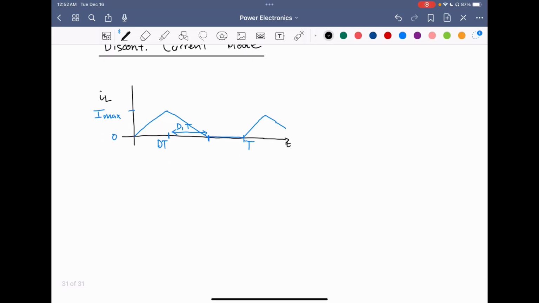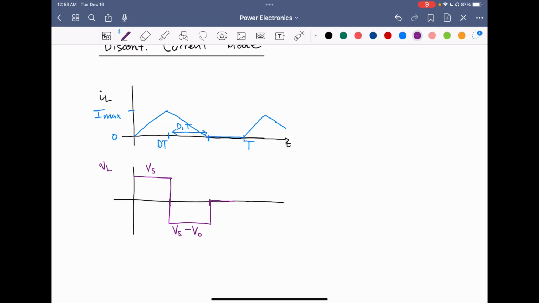So what does the voltage across the inductor look like? Well, this is very similar to our continuous current mode analysis, except that we have this period where the current is equal to zero. So in the dT interval, the inductor voltage is equal to the source voltage Vs. And then in the d1T interval, the inductor voltage is equal to the source voltage minus the output voltage.